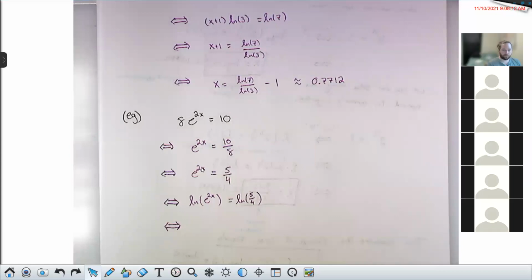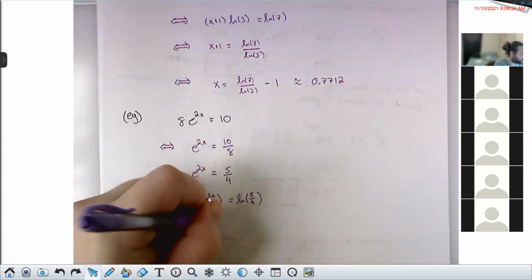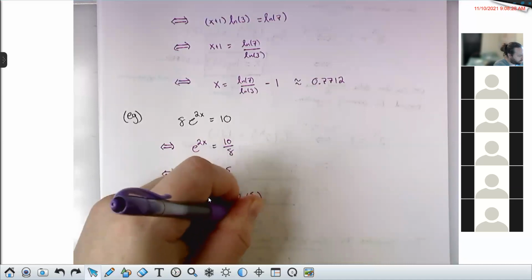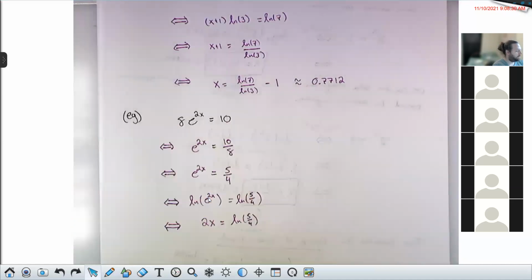Yeah, it's just 2x, right? The ln is the base e logarithm, so we don't have to bring the power down and have something else left over. The ln of e to some stuff will always just be that stuff. So this is just 2x equals the ln of 5/4.